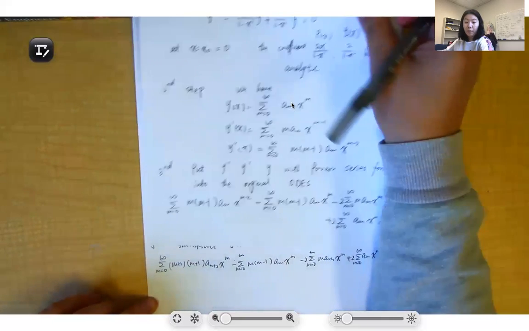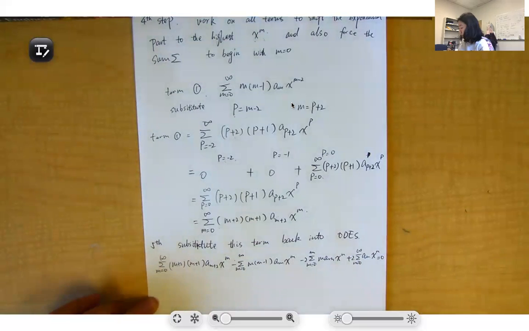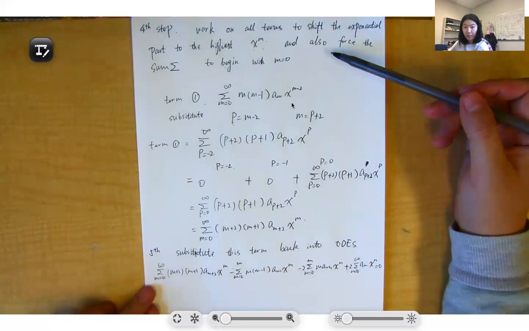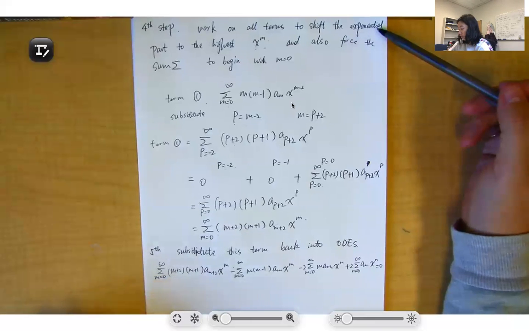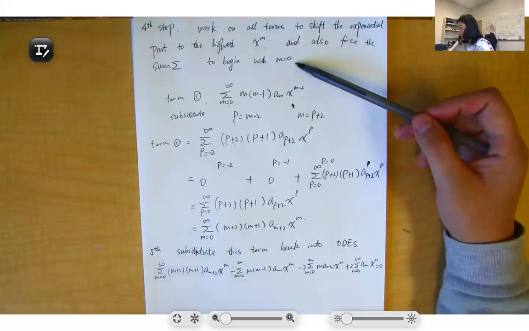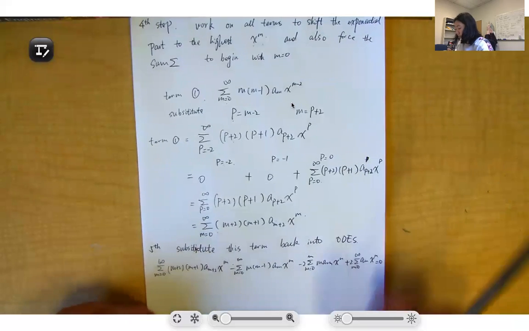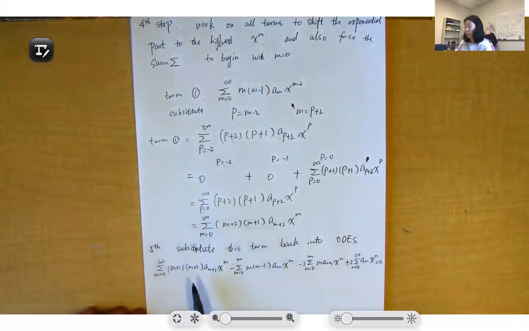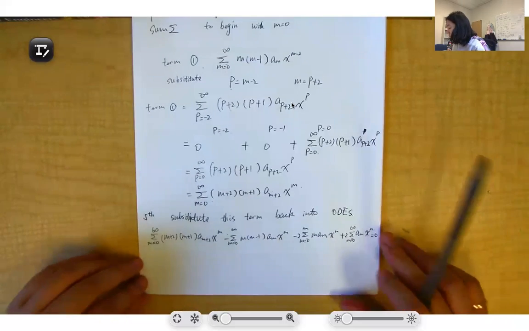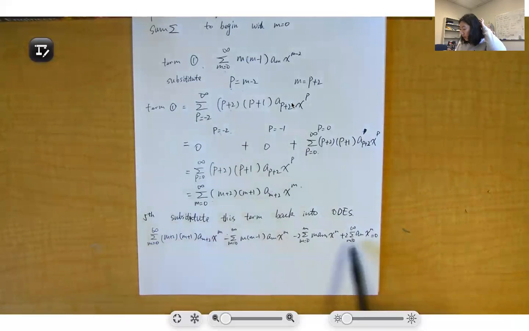All the other terms we don't need to change because all the other terms satisfy our first step, that all the terms have exponential part x to the m, and all sums begin with m equals to 0. Only the first term needed the substitution, okay? Then we can just put all the x to the m terms together with the coefficient.